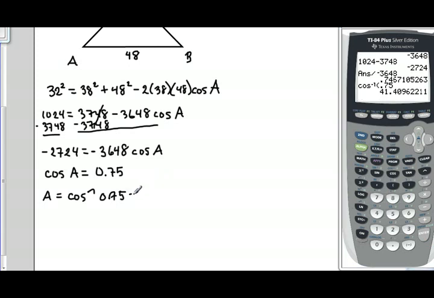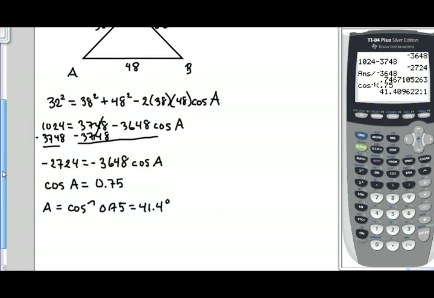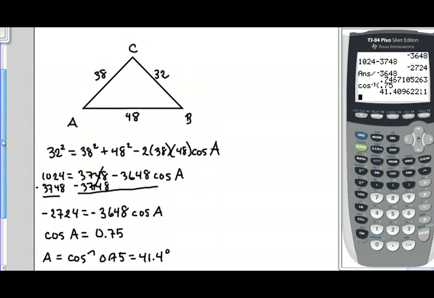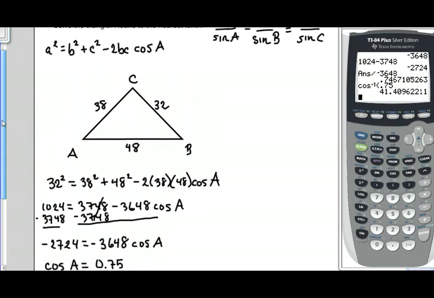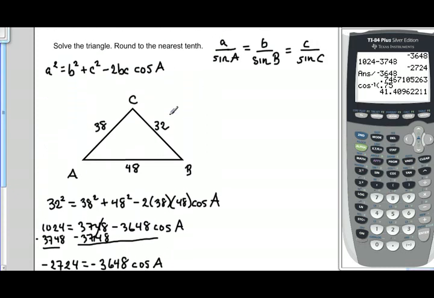All right, and we get that angle A is 41.4 degrees. At this point, I do have one angle. As soon as you get one angle, we no longer want to use the law of cosines. At this point, let's use the law of sines. So now I have angle A at 41.4 degrees. I can use a over sine A.